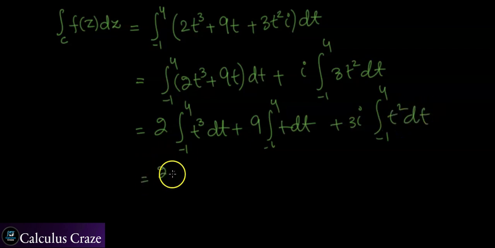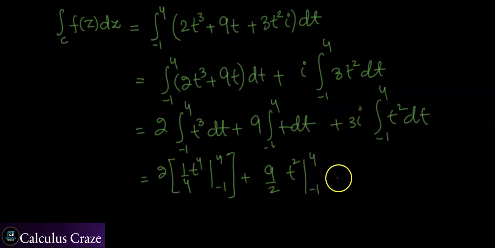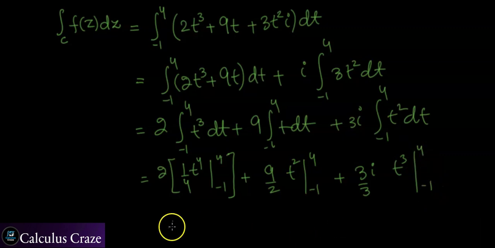So then 2 times t power 4 over 4 from -1 to 4, plus 9 times t square over 2 from -1 to 4, plus 3i times t cube over 3 from -1 to 4, and now you substitute these values of t.